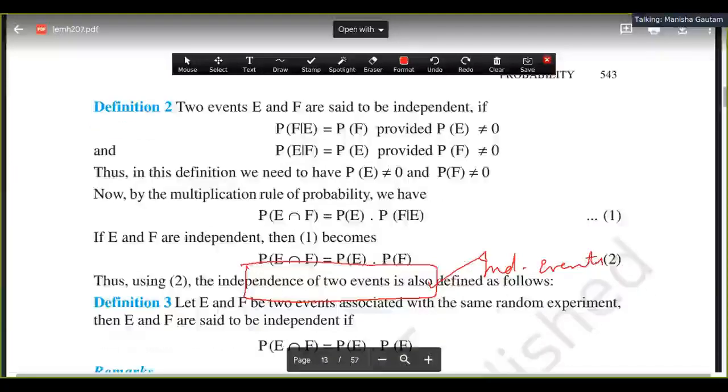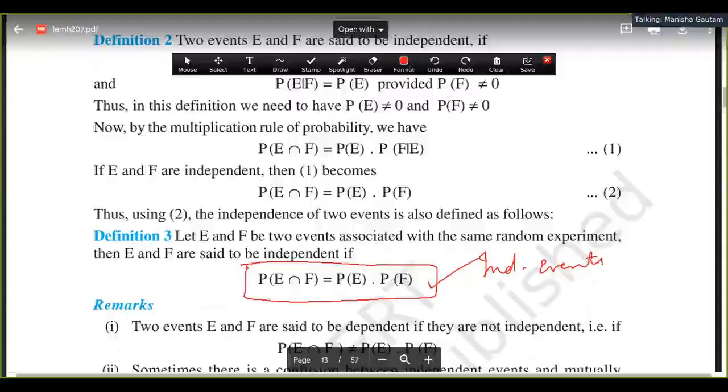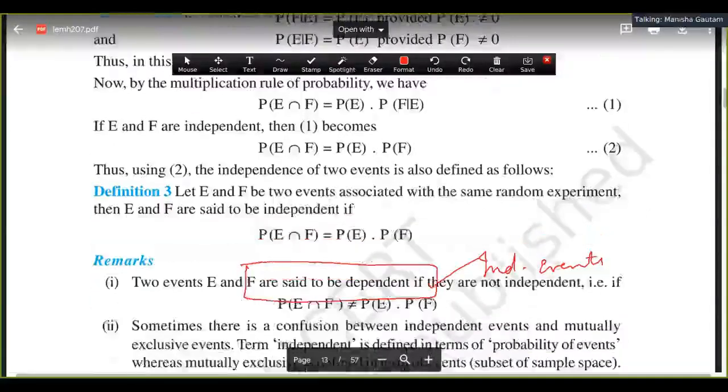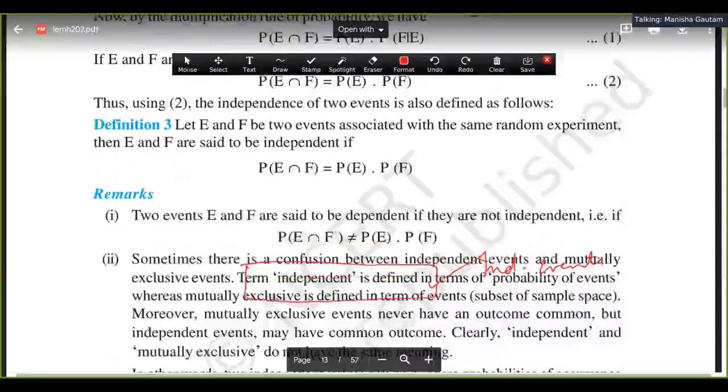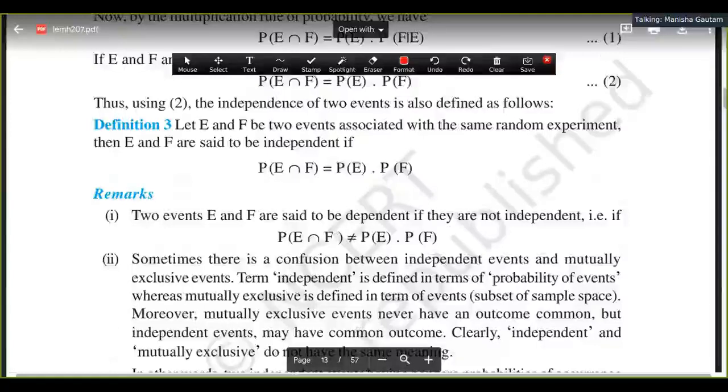Okay. Now definition number third. I have told you definition number third. Now there are remarks. I think you have to read these remarks also. Here you will get an idea of the difference between mutually exclusive and independent events.